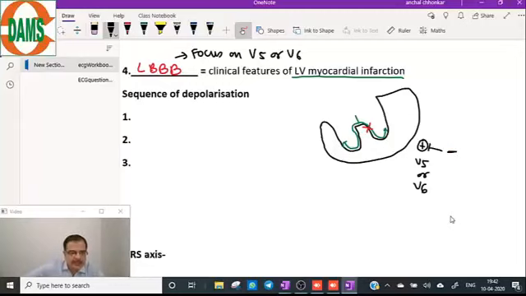So understand carefully now. So many questions come on the theory aspect of left bundle branch block. First part to depolarize: the sequence of depolarization starts with the septum. Septum depolarization.